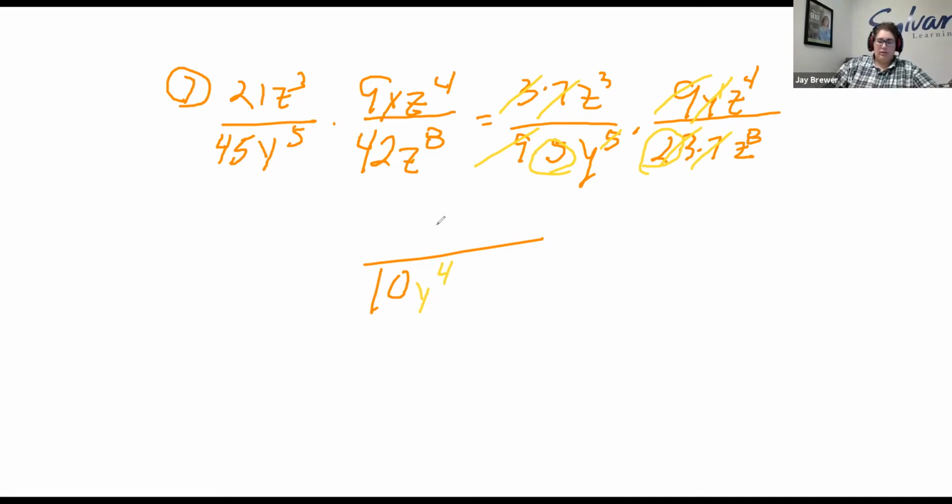If we have z cubed times z to the 4th, remember we add our exponents. So how many z's are we going to have up top? 7. Okay. I was looking at the z on the bottom. I don't know why I wrote a z on the bottom.